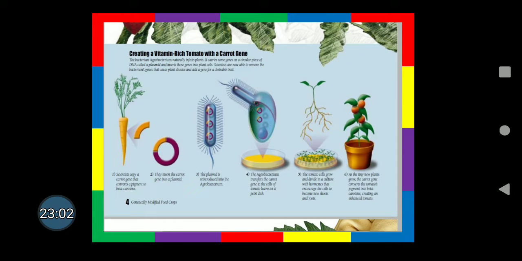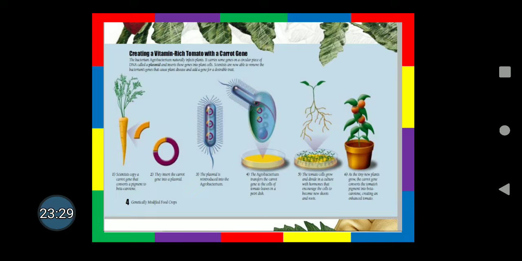So how to create a tomato with beta carotene? We take the carrot and isolate the beta carotene gene. The beta carotene gene is inserted into the Ti plasmid. The plasmid is incorporated into Agrobacterium tumefaciens.